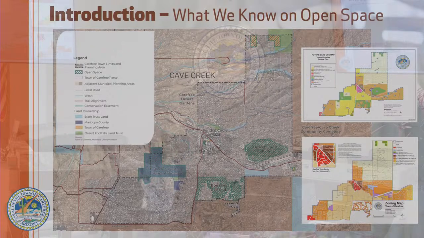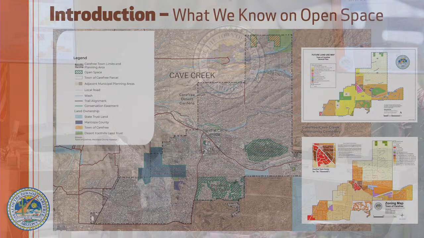So all of that ends up leading to this updated map that we're going to be using for some of our exercise this evening, to show us where the different types of property and or open space exists.